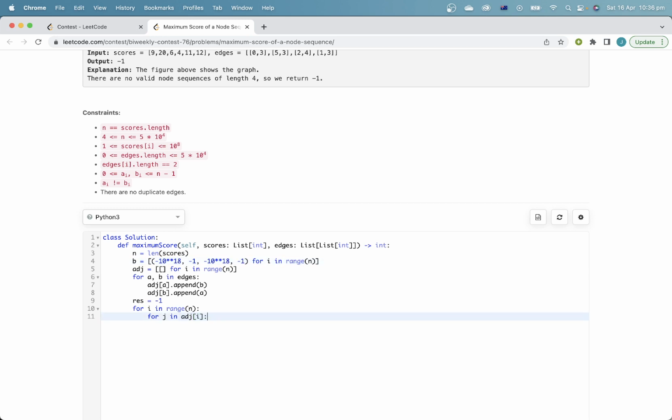J I, if score of J greater than equal to.